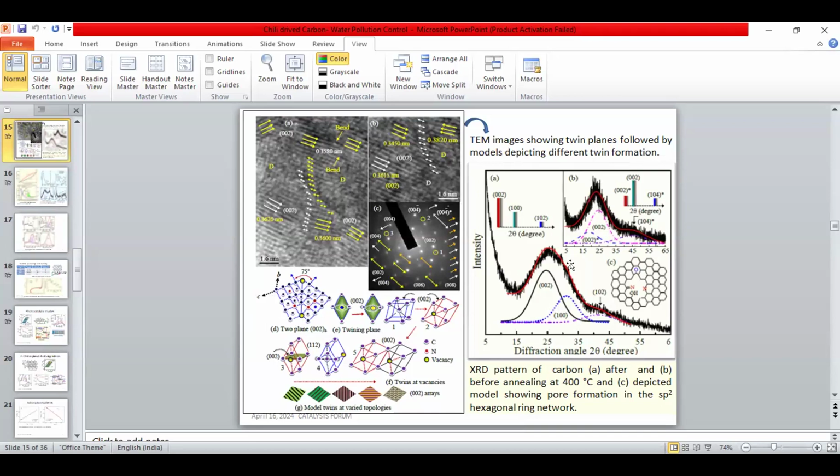The right side figure shows the XRD pattern of the carbon, with the inset giving the XRD for the as-prepared carbon sample. When we anneal the sample in vacuum at 400 degrees centigrade, we get a similar pattern, giving us 3 important peaks, and these peaks correspond to sp2 type of carbon.